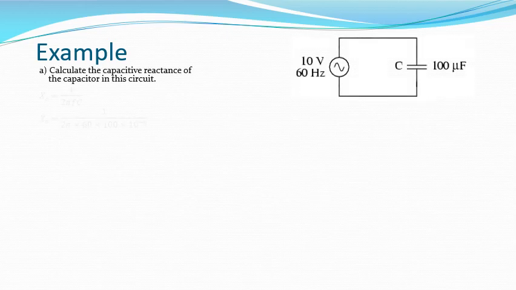So let's look at the first ones of those there. Since we have the frequency and we have the capacitance, we can work out the reactance using the relationship 1 over 2 pi fc, substituting our answers, and we get 26.5 ohms or 27 ohms.